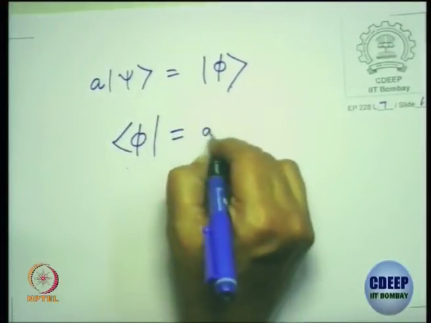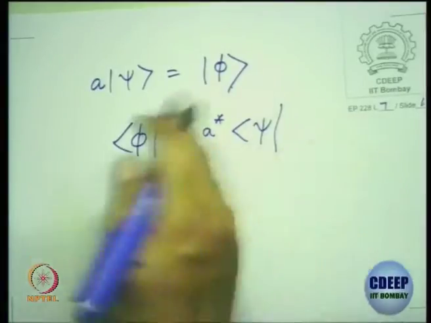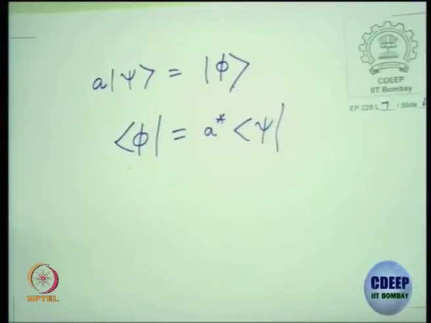This one will be a star <psi|. This a star you can put this side or that side, it's just a number. Many of them make this mistake. Mechanically when they write the dual vector, they don't complex conjugate the coefficients. Please remember this.